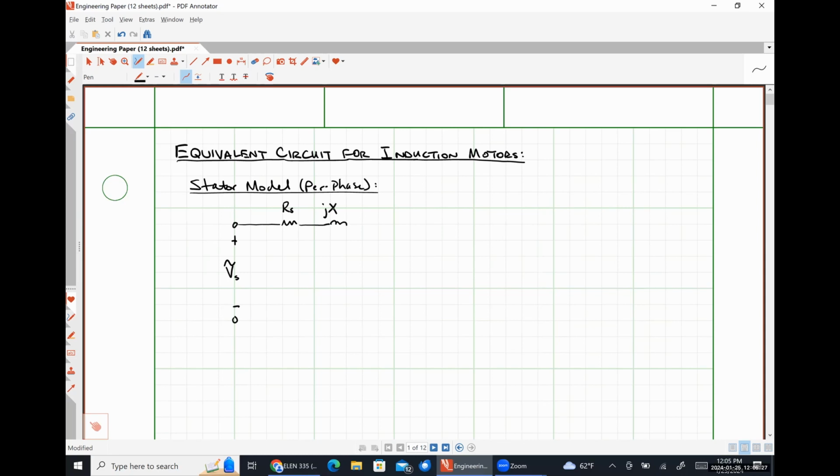Then we have a reactance jXS, which is the reactance of our stator winding. Then we have our shunt branch. So the resistance of our core per phase. The magnetizing reactance of our core per phase.